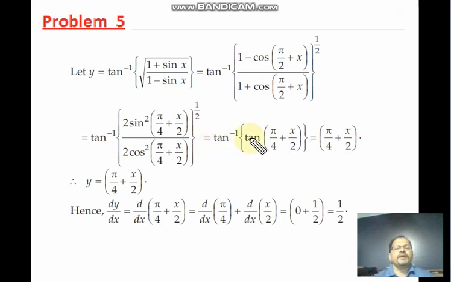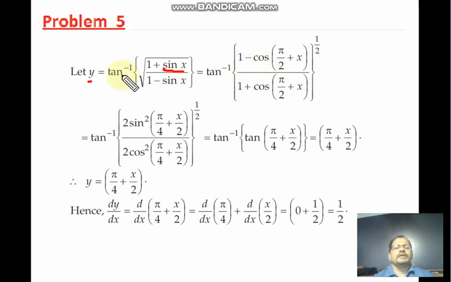Problem number 5 is also a similar problem, with the same trick that we followed in the first problem. y is equal to tan inverse of the square root of (1 plus sin x) upon (1 minus sin x). Now here convert this sin to cos of pi by 2 plus x, in the denominator also.